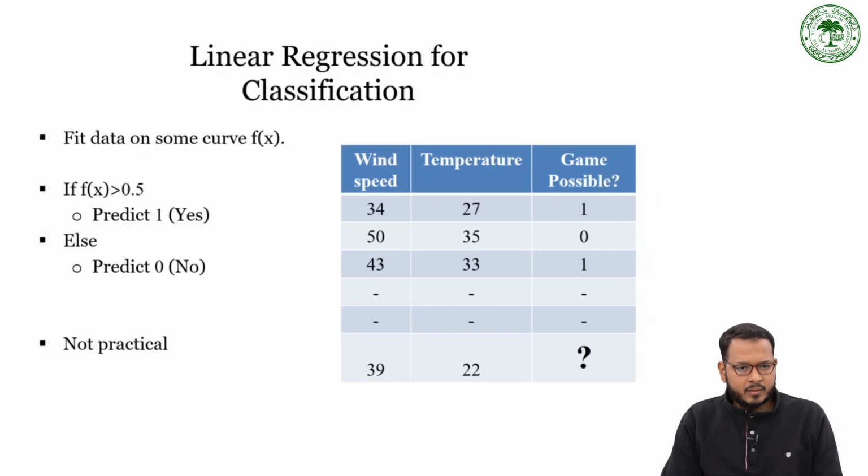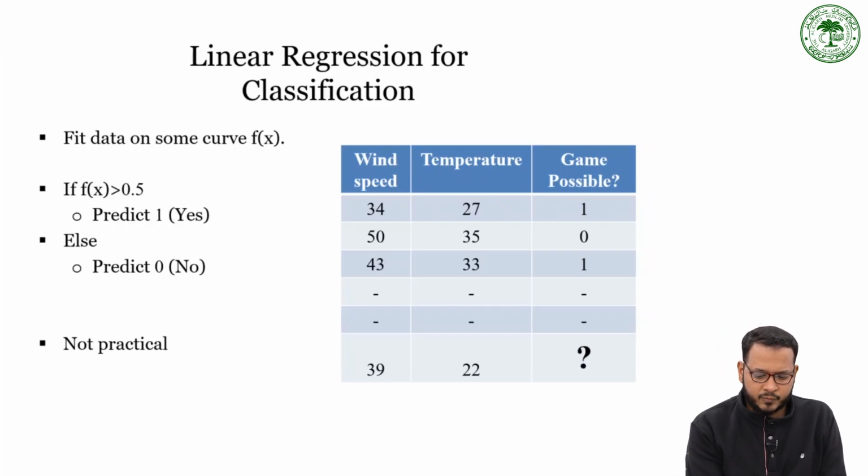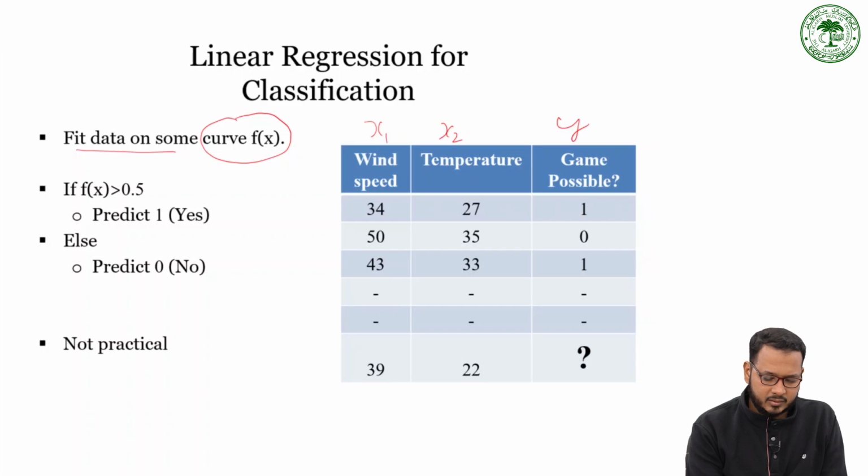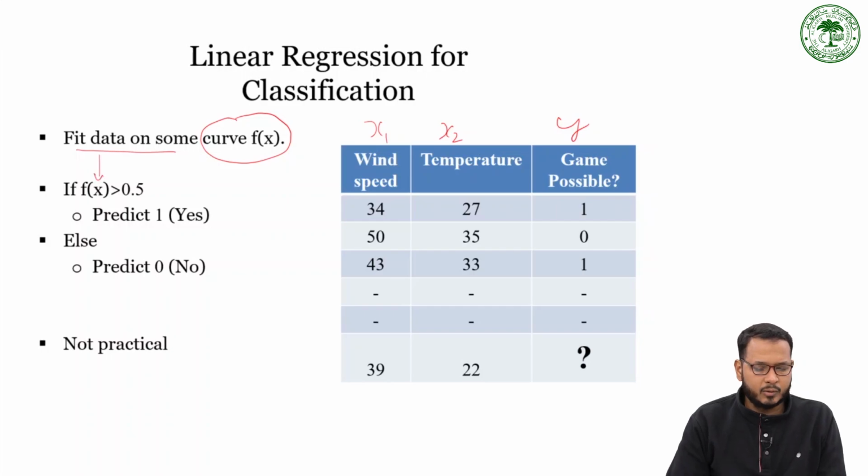What we can do is follow the standard linear regression approach. That is, we will try to fit some curve f(x) on this data set of x1, x2 and y. We will get some value of f(x) for a specific value of x, where x represents the set of x1 and x2.